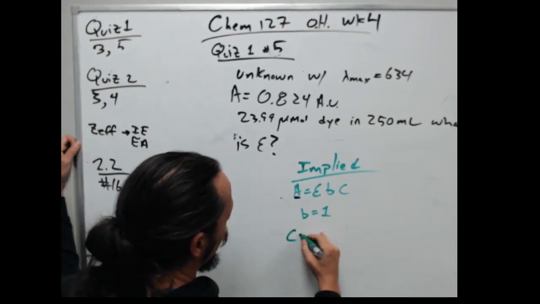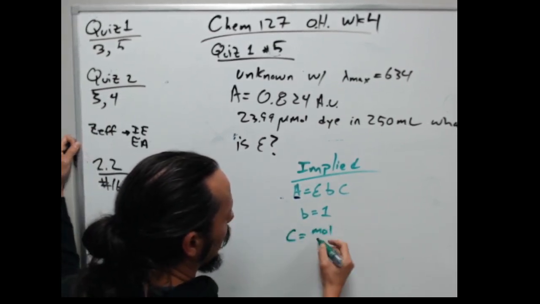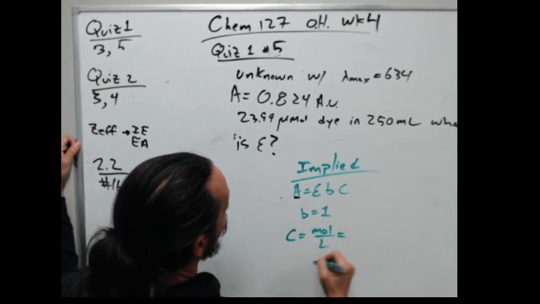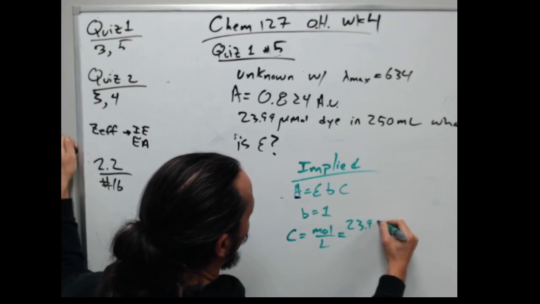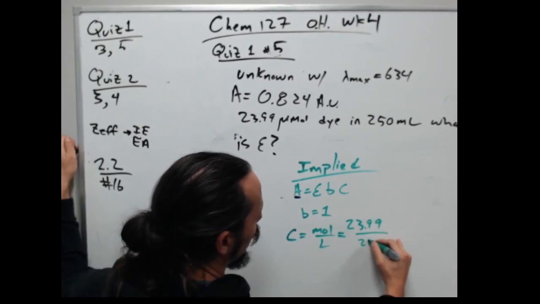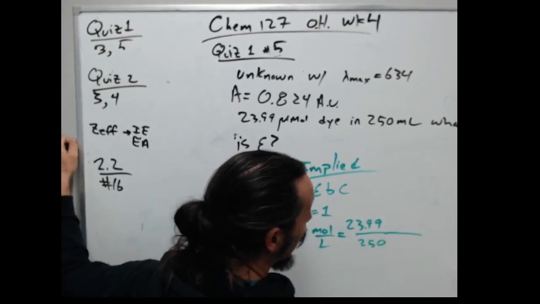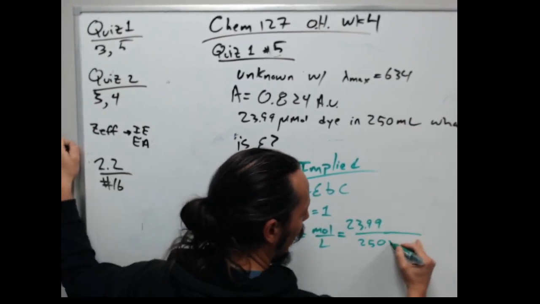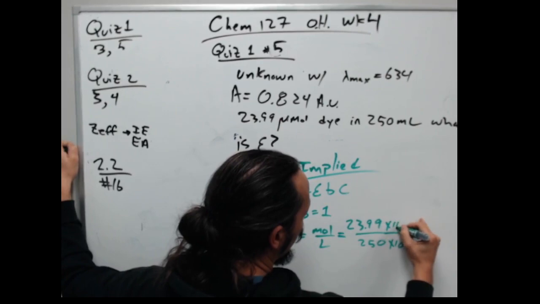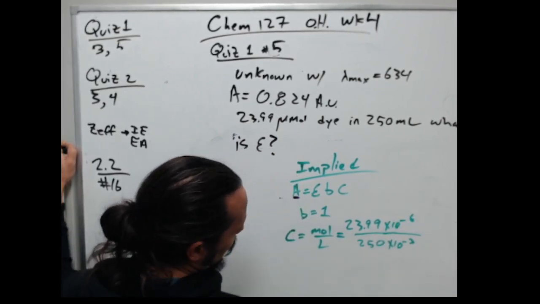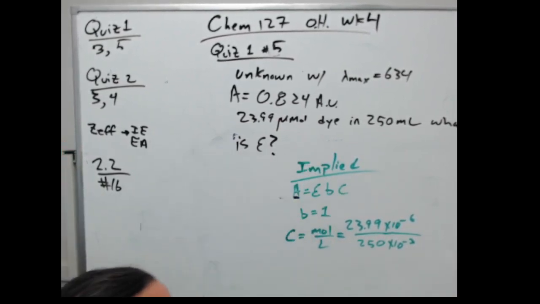Concentration is in units of molarity, moles per liter. So that's 23.99 divided by 250, not forgetting my conversions. I can erase the milli and have that times 10 to the minus 3. I can take the micro and have that times 10 to the minus 6. That's 23.99 divided by 250 with an extra 10 to the minus 3 there. So we do that.